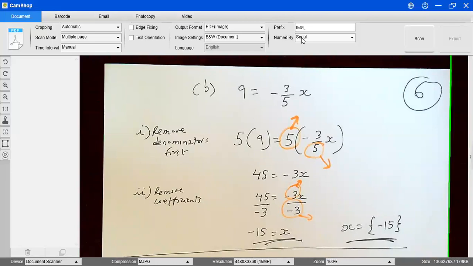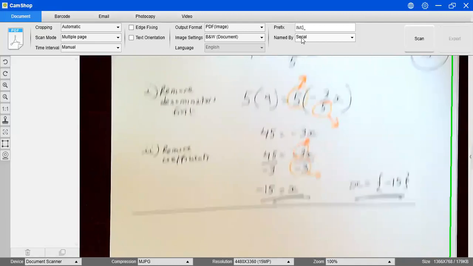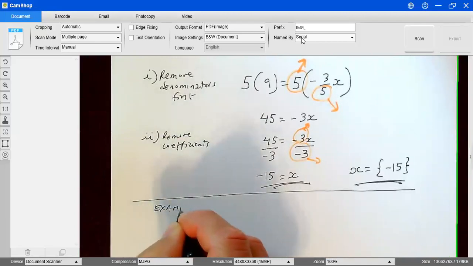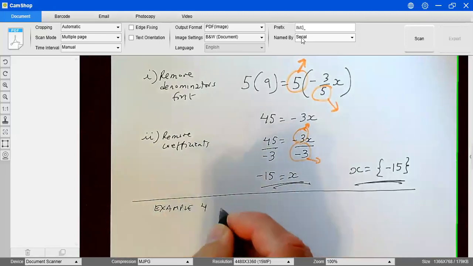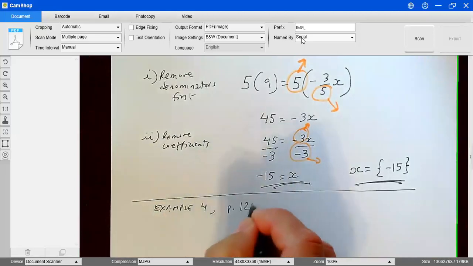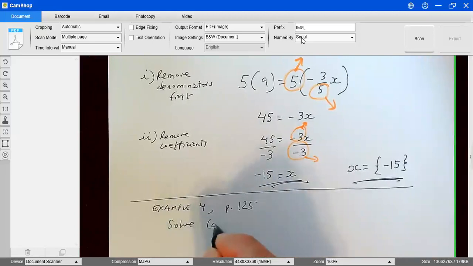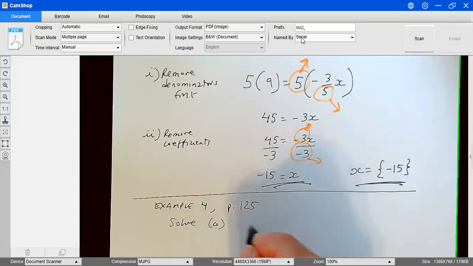So we have now one more example, and then you're going to have your exercise set. So this is example 4. Example 4 on page 125. So we're going to solve negative x equals 4.